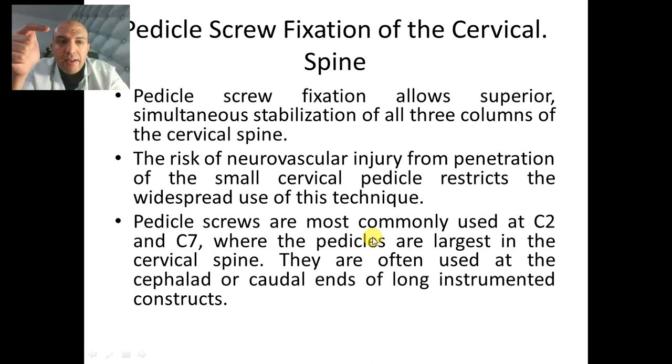So we don't put pedicle screws personally except in C7, because it has no vertebral artery in the foramen transversarium and it is a well-developed pedicle. It could take at least a 3.5 millimeter pedicular screw in diameter.